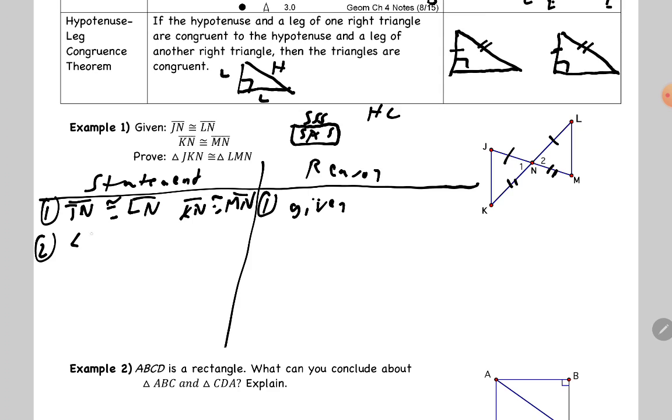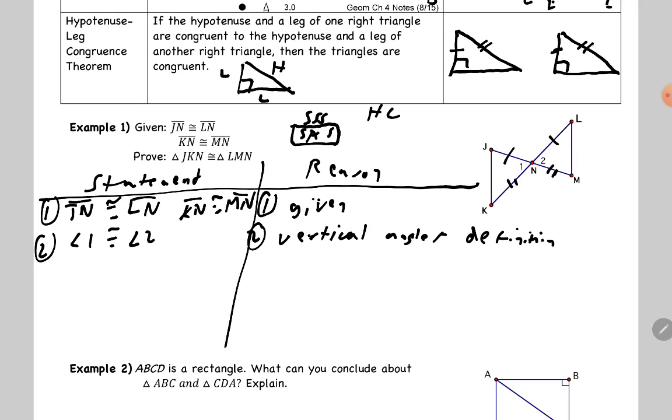And we know that angles 1 and 2 are congruent because they're vertical angles. Vertical angles are congruent. If angles are vertical, then they're congruent.